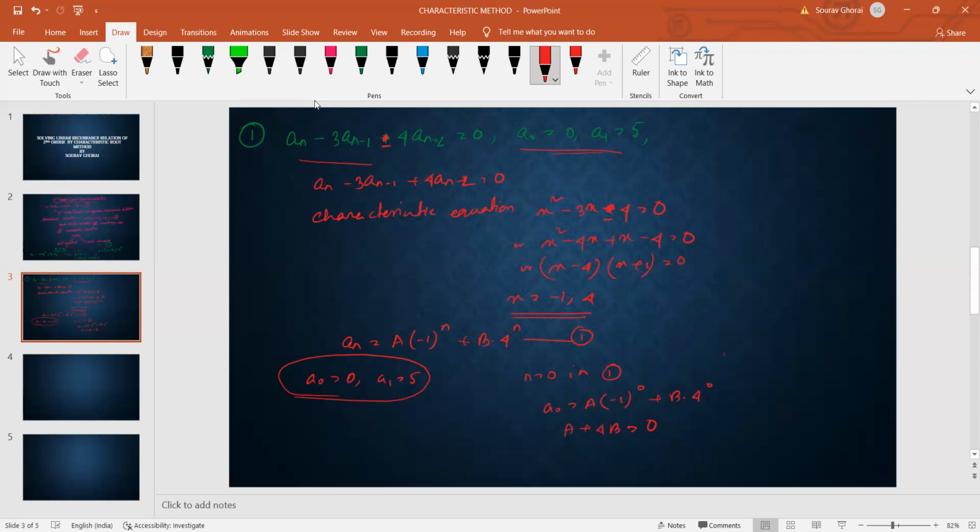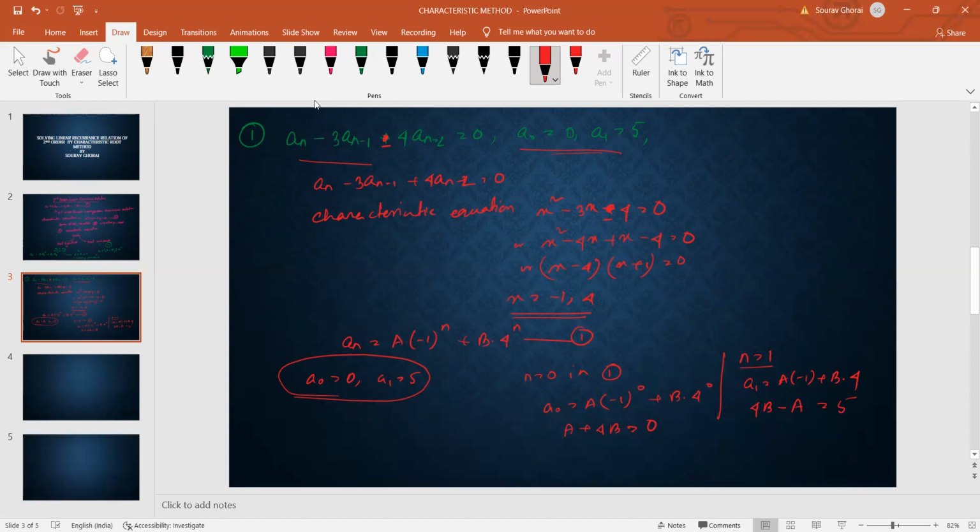Also, if we put n = 1 here, we get a1 = A(-1) + B(4), and the value of a1 is given as 5. So from here we can write 4B - A = 5.